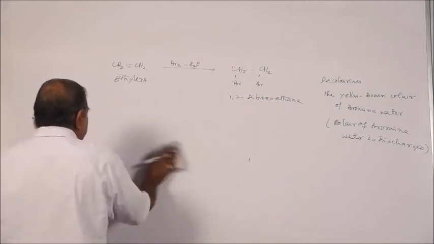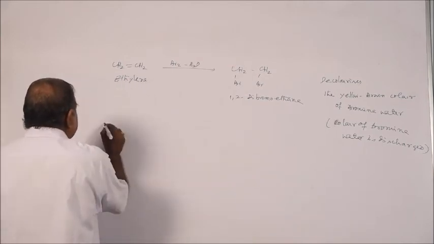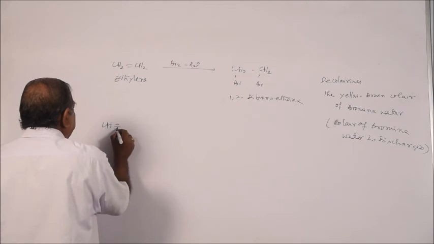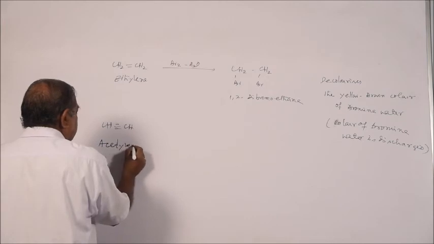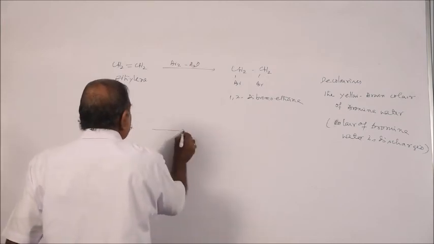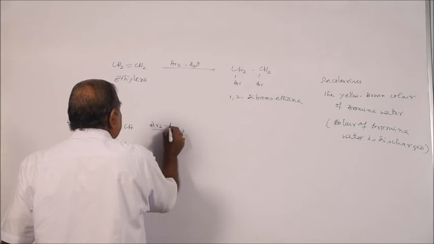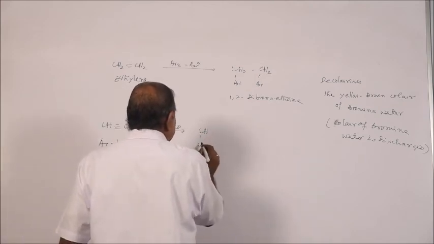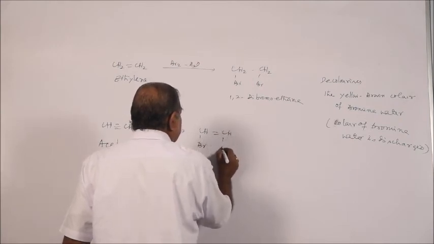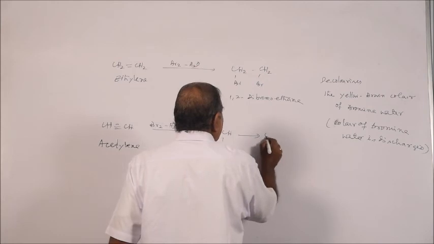Similarly, if we take alkyne, say acetylene, and pass it through bromine water, the reaction will take place in two steps.